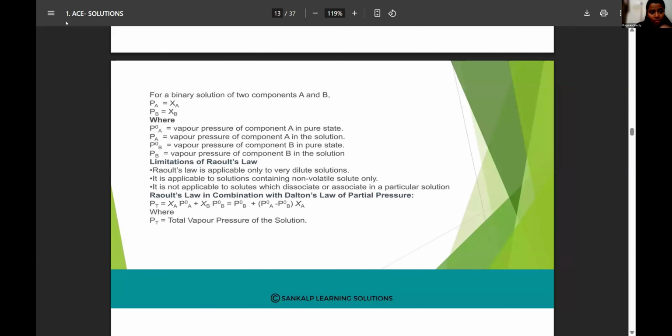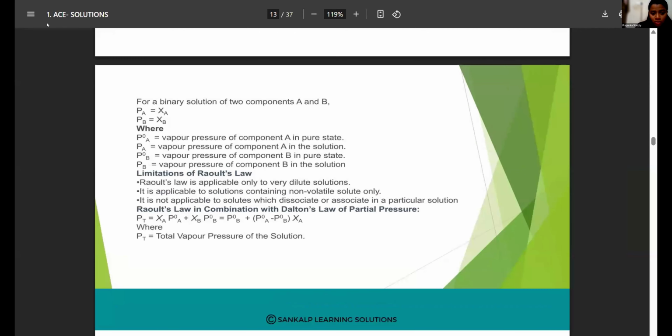See, this is the equation which I showed you just now, which is P total. Here they are given as A and B, where I have shown you as 1, 2, for first component and second component.